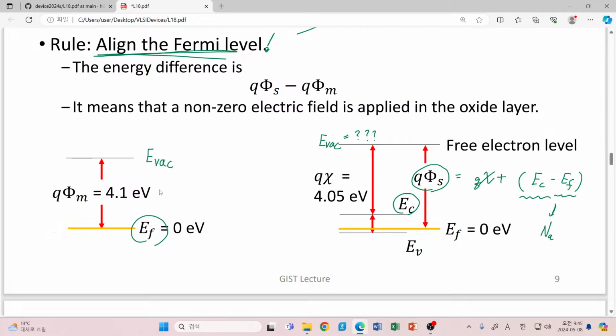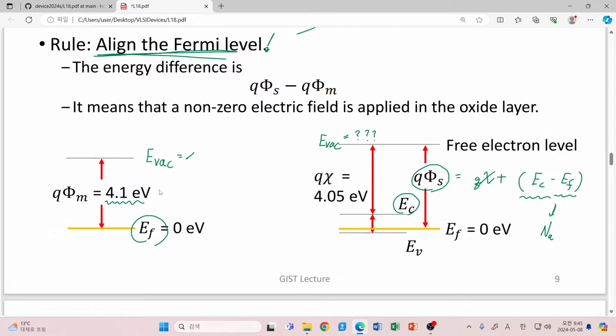But the point is, in general, there is no guarantee that these two levels are perfectly aligned. For example, in the case of our aluminum, of course different metals can have different work functions. However, in the case of our aluminum, this corresponds to 4.1 electron volt.